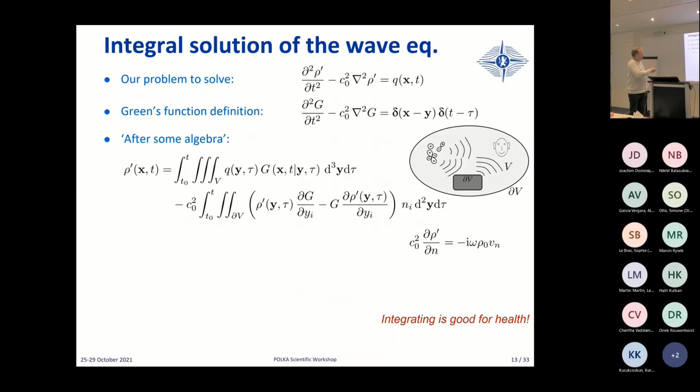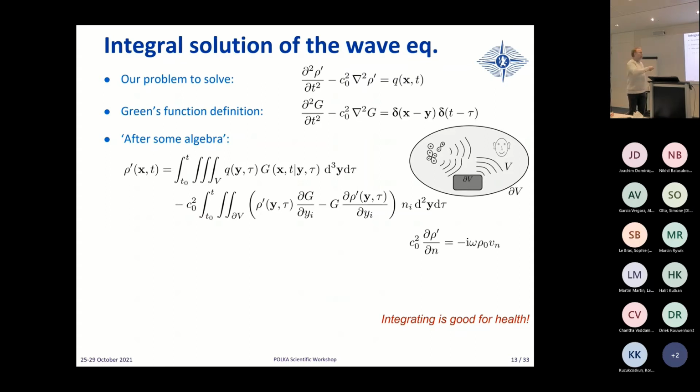You have a boundary here, and you have a boundary here. And the normal is pointing outward, so it means that the normal is pointing in this direction here, and it's pointing inside of the solid body in this region. Okay, what do we have here? We have a first term that consists in effectively sampling our source field, in the sense of multiplying it by a Green's function. And remember, the Green's function contains this delta function.